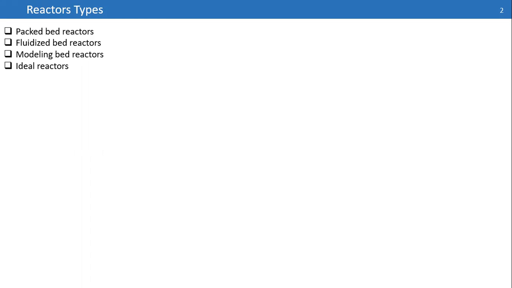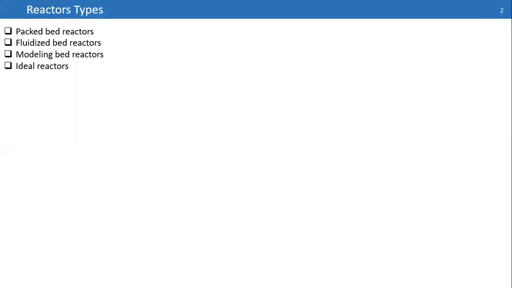And all the reactors that we have, including packed bed, fluidized bed, and moving bed, are somehow mimicking the behavior of CSTR and PFR modes.